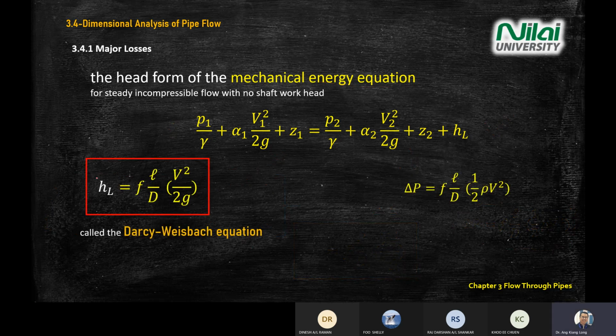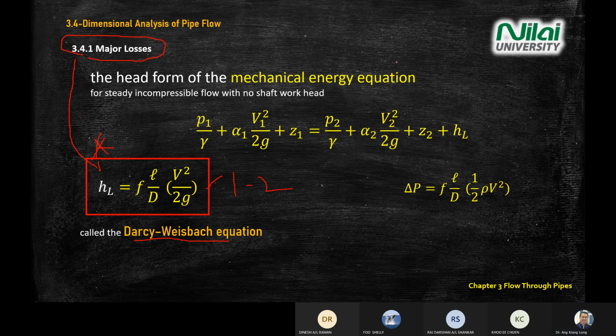Recall, this one has a name. We call it the Darcy Weisbach equation or Darcy equation. It is super important in chapter 3. Darcy equation is very important for chapter 3. If you write this somewhere in your answer, it will earn you 1 to 2 marks when you need to find head loss, especially major head loss.